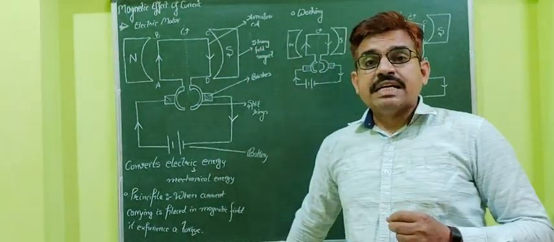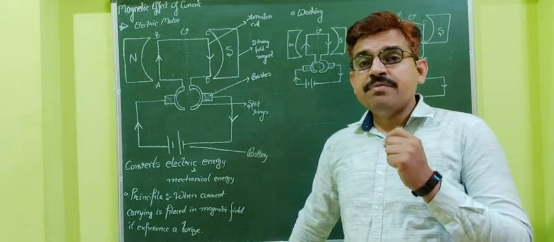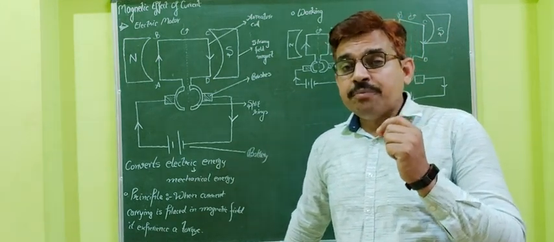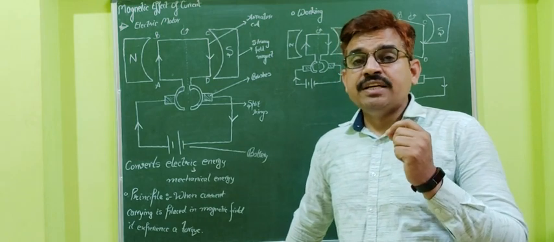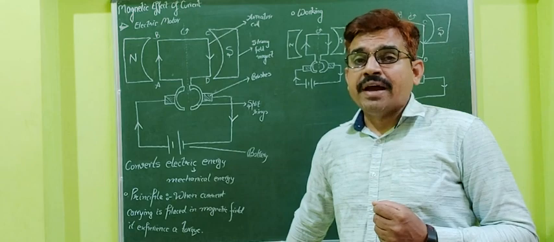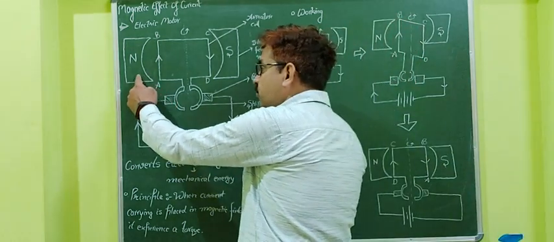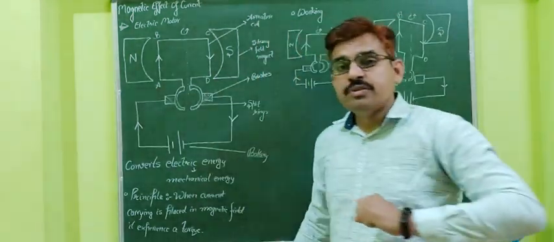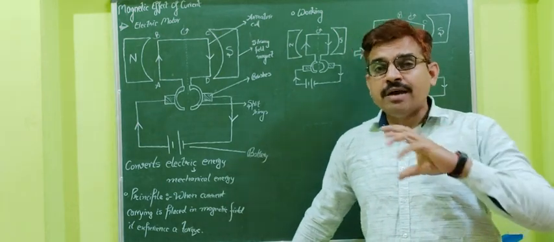Second is the strong field magnet. What is the field magnet? We have to apply a magnetic field here, and we can do that only by using strong magnets, one the north pole and the other the south pole.